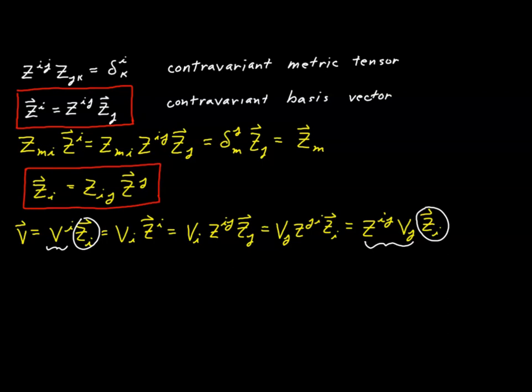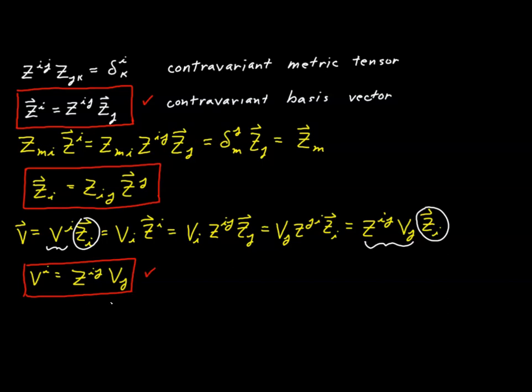So I now can say that V^I, our scalar component, is equal to this expression, which is Z^IJ V_J, like so. And if you look closely, you can see that the form of this expression is exactly the same as the form of this expression right up here.